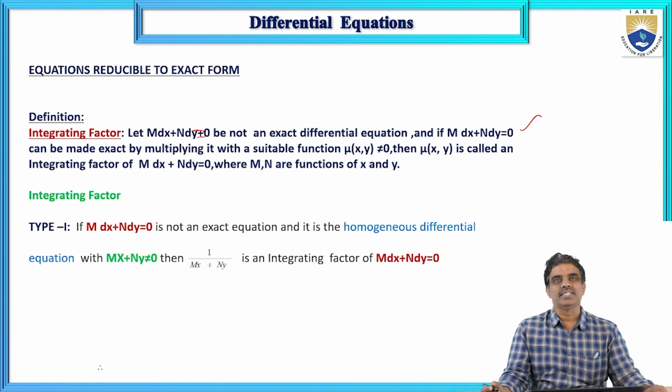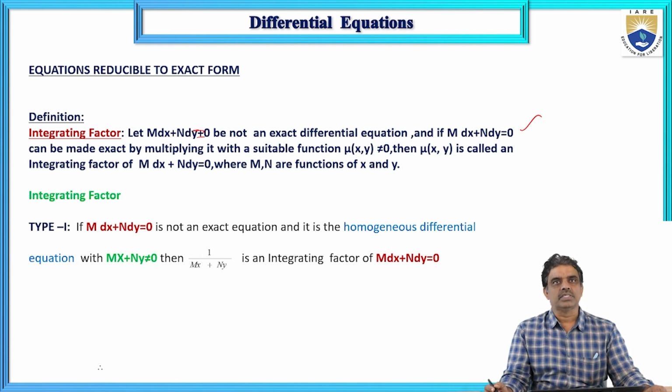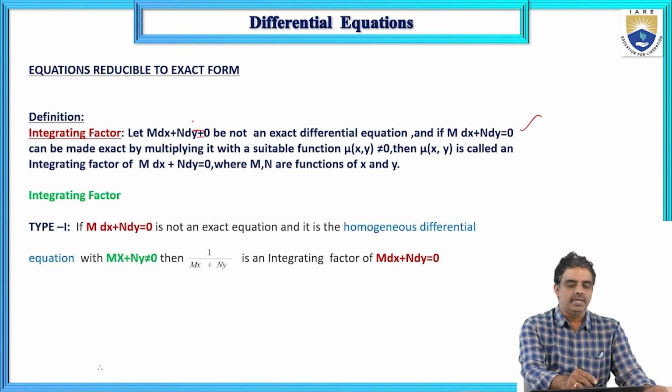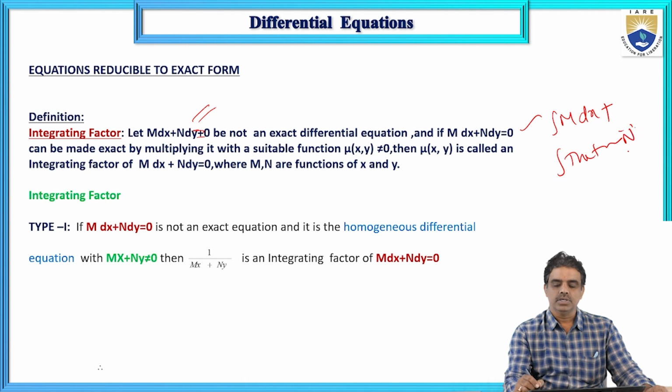Then mu of x, y is called an integrating factor of M dx plus N dy equals 0, where M and N are functions of x and y. If it is exact, we can find the solution by integral of M dx plus integral of the terms of N not containing x, into dy, equals c.